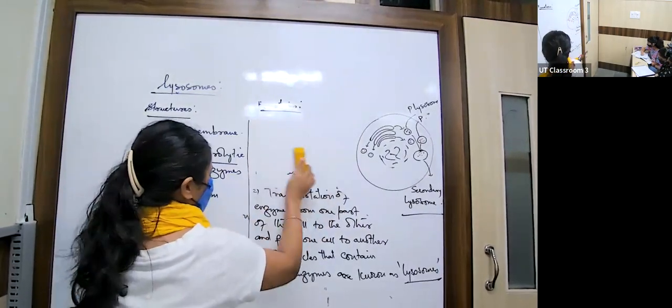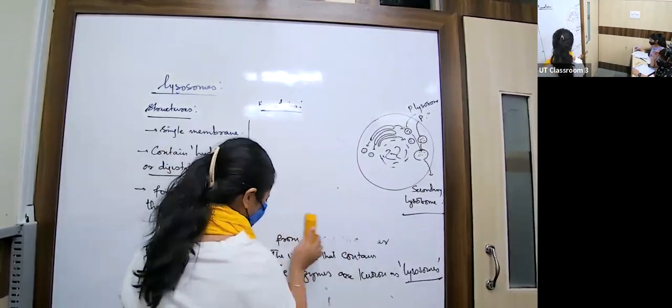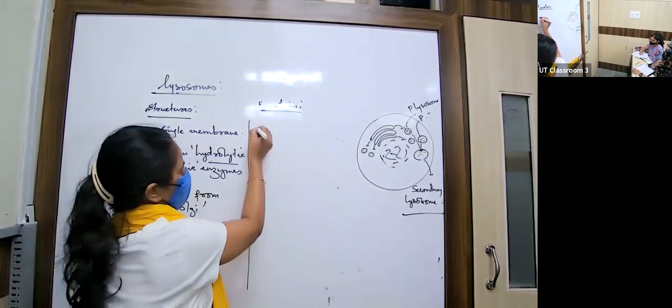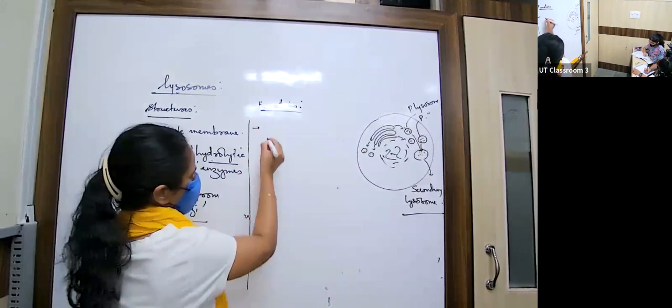First we will learn the functions, and then why lysosomes are known as suicidal bags. Very fast. What do the lysosomes do first of all?